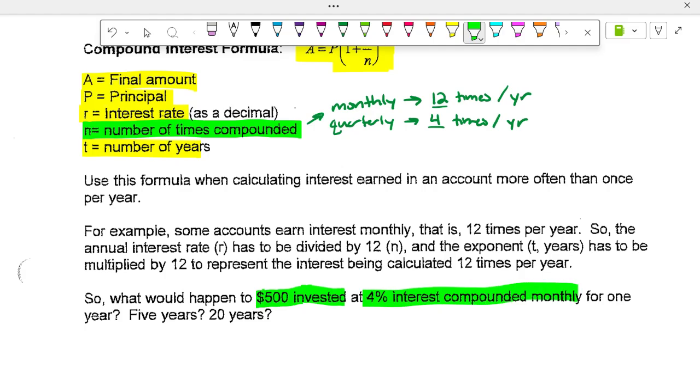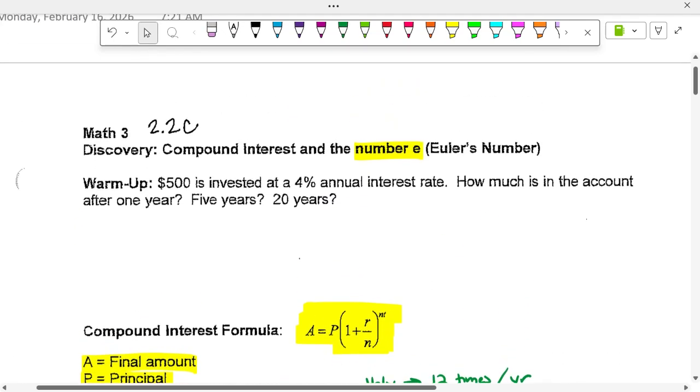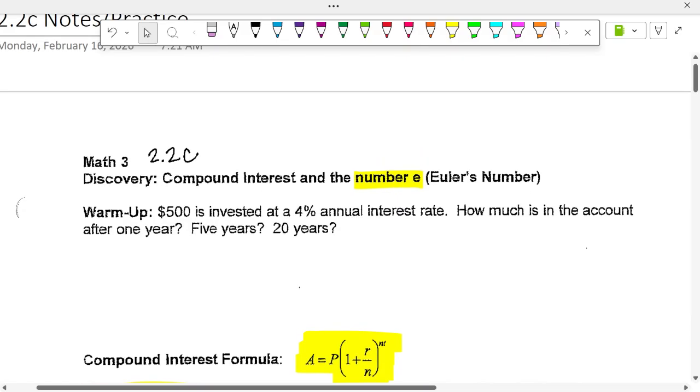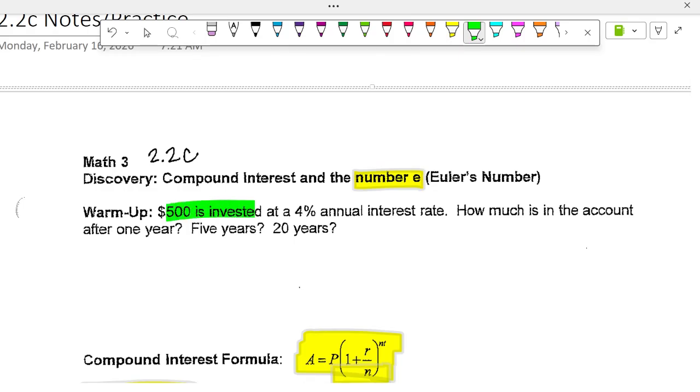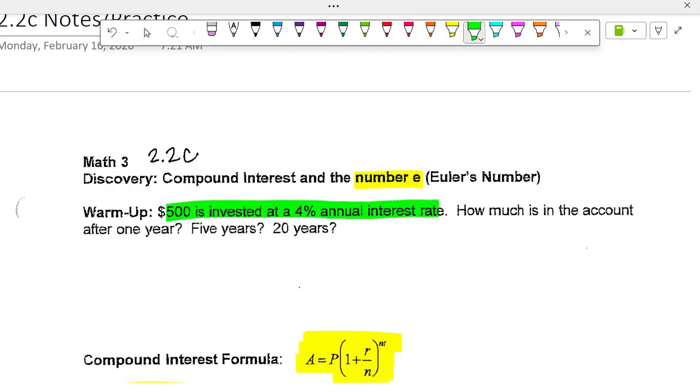Now, we're just going to do it over, let's say, 5 years. And we're going to compare it to when we compound annually. All right, so just to help us, we're going to scoop back up to the top real quick. I lied. We'll do one part of it. So 500, 4% annual interest rate. How much is it after 5 years?